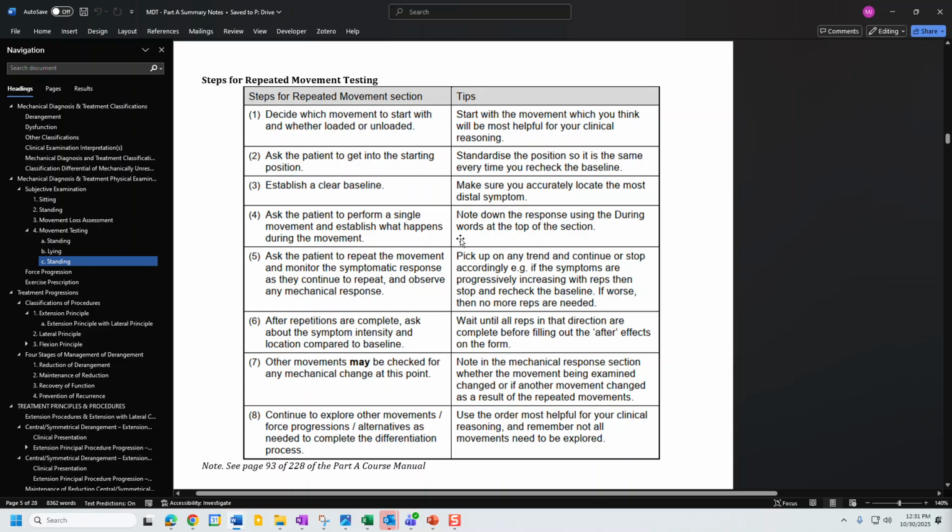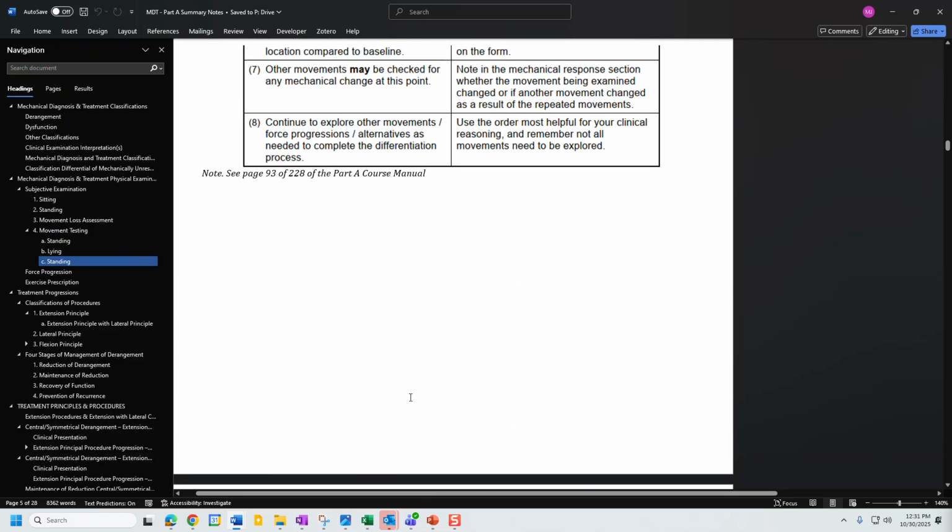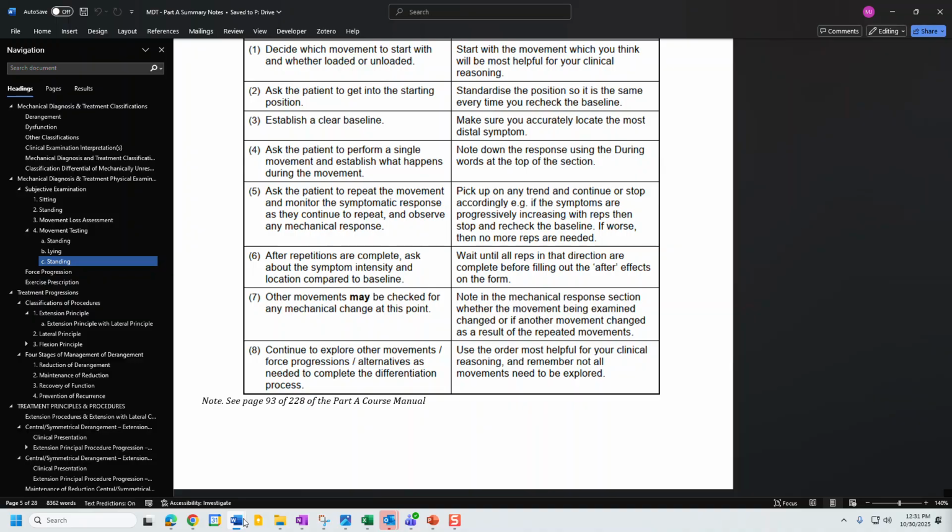I'll pause here so you can read over those. This is an excerpt from page 93 of 228 of the Part A course manual for the MDT. So that is one resource.